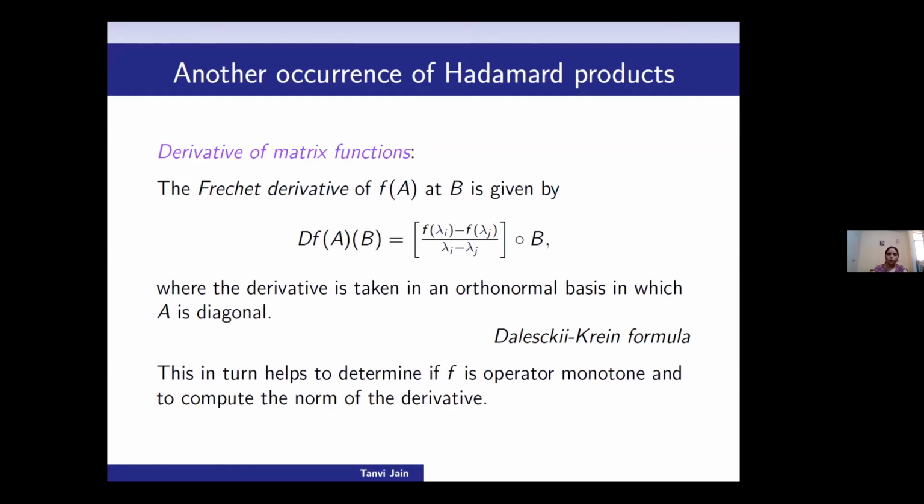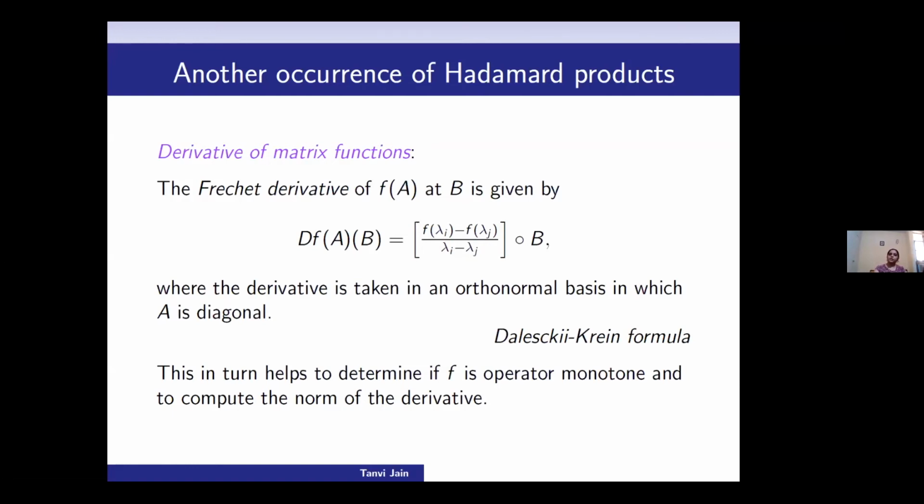So we have a formula for the derivative of f at A. The matrix that appears, [f(λi) − f(λj)]/(λi − λj), these are called Loewner matrices with respect to f, and they have their own independent importance.